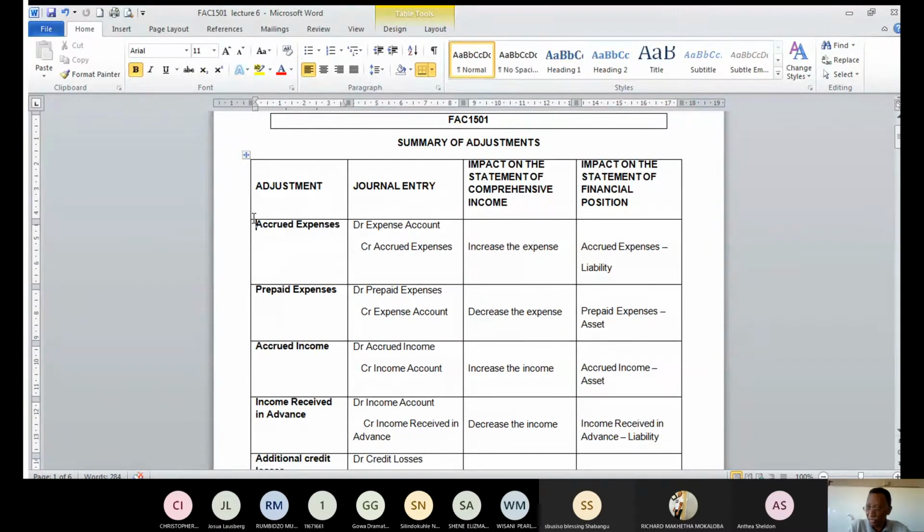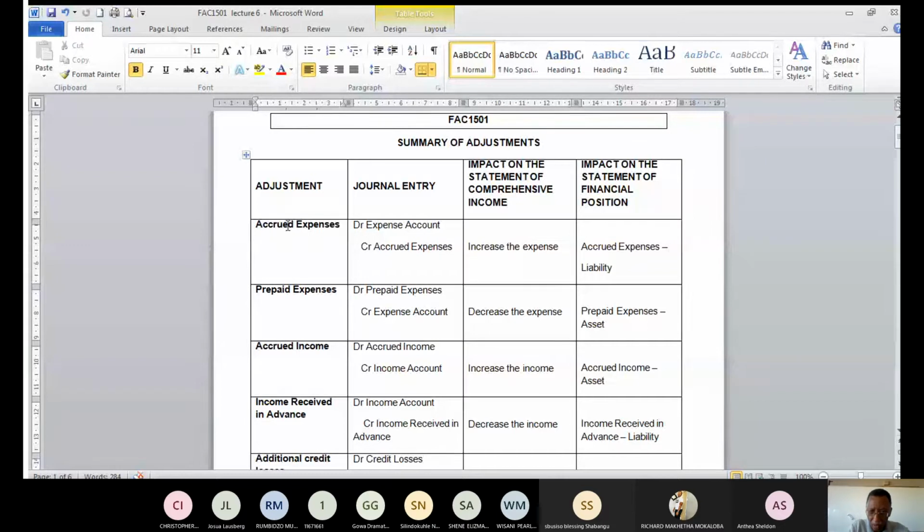If you didn't pay your salaries and wages for the year, or there's a portion that is still outstanding, it's called accrued expenses. Accrued expenses is listed as a liability because you are owing somebody money.